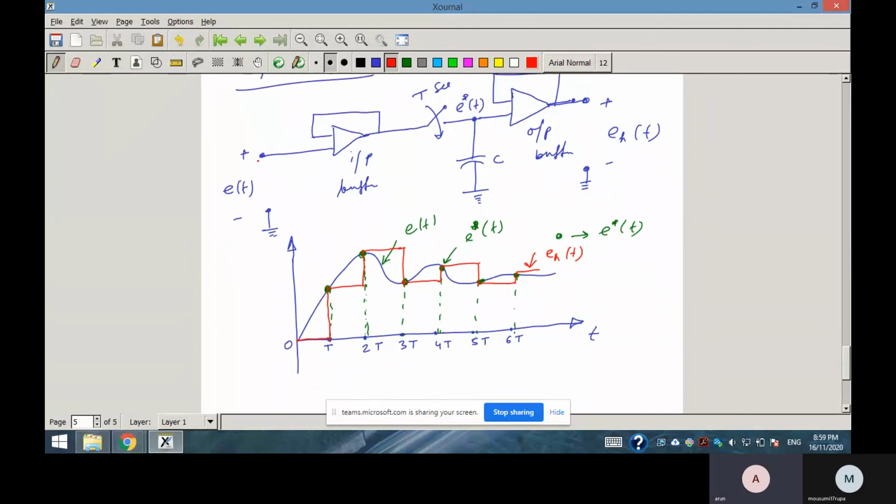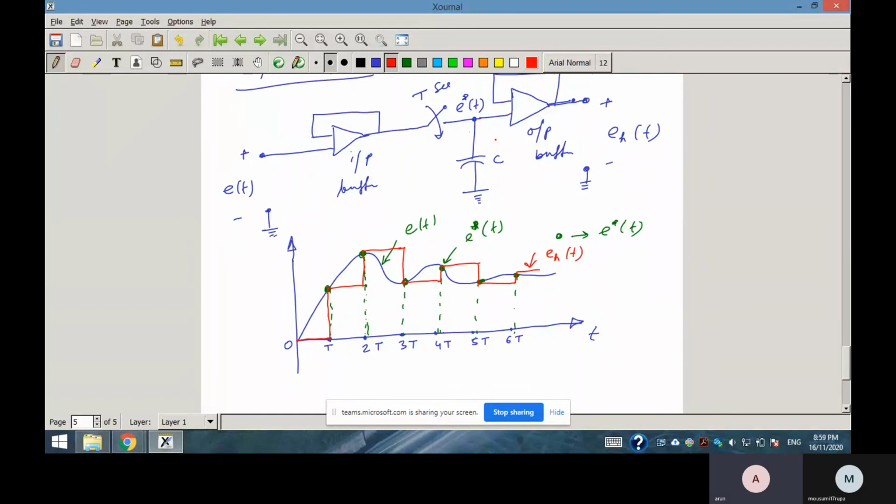So that means e(t) we have applied. As it is the input buffer, the voltage will appear immediately. So that is e(t), and then e*(t) will be this one, and this one.